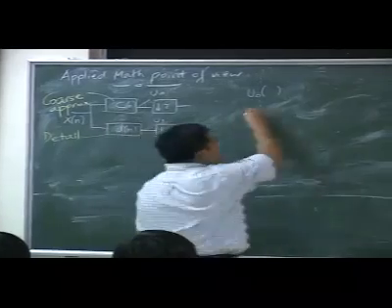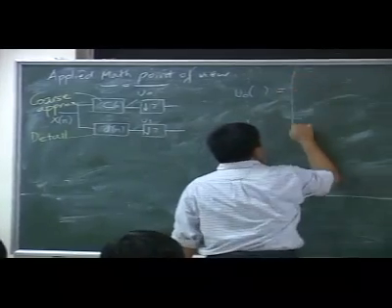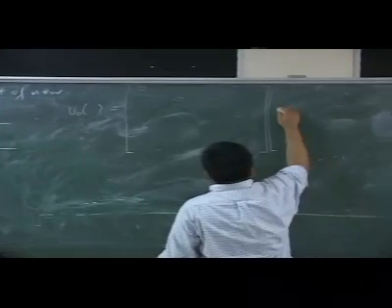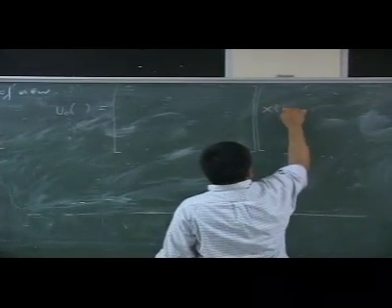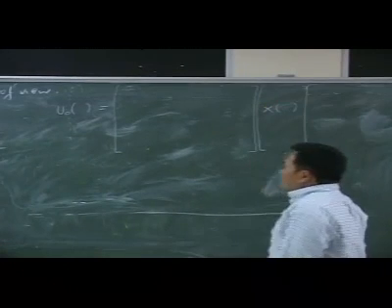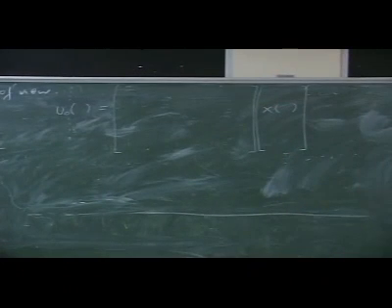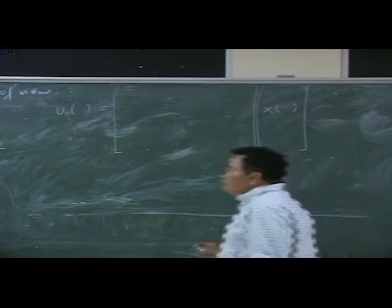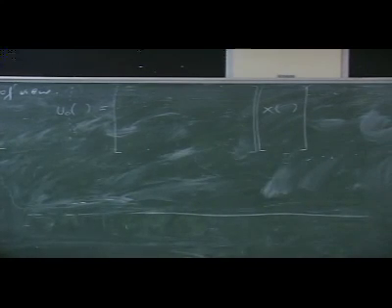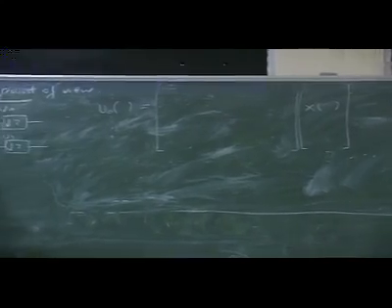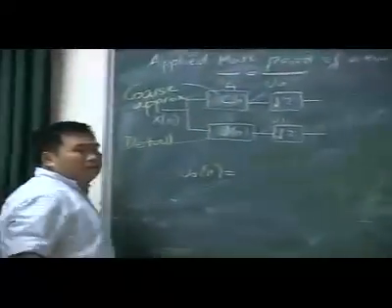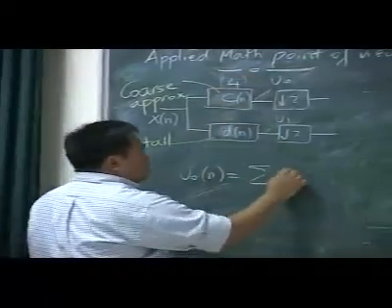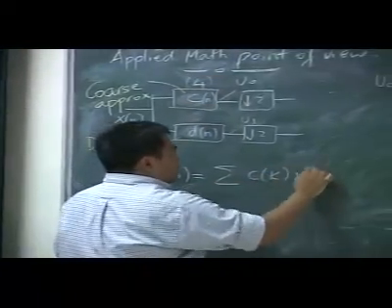So here's U0 equal to, how do I represent convolution in the time domain? Who remembers convolution? U0 of n, let's say C has length 4 so it becomes easier to work with. Summation of C of k, x of n minus k.